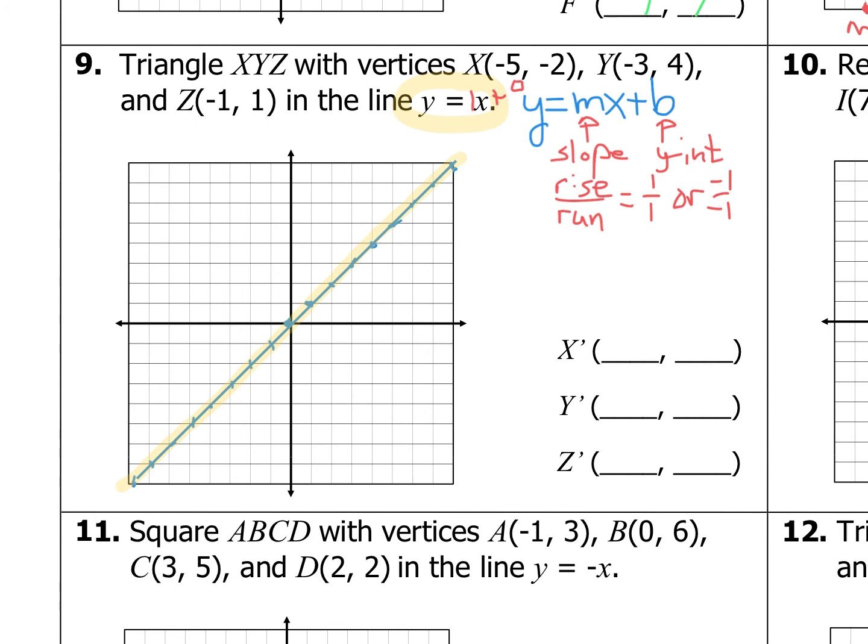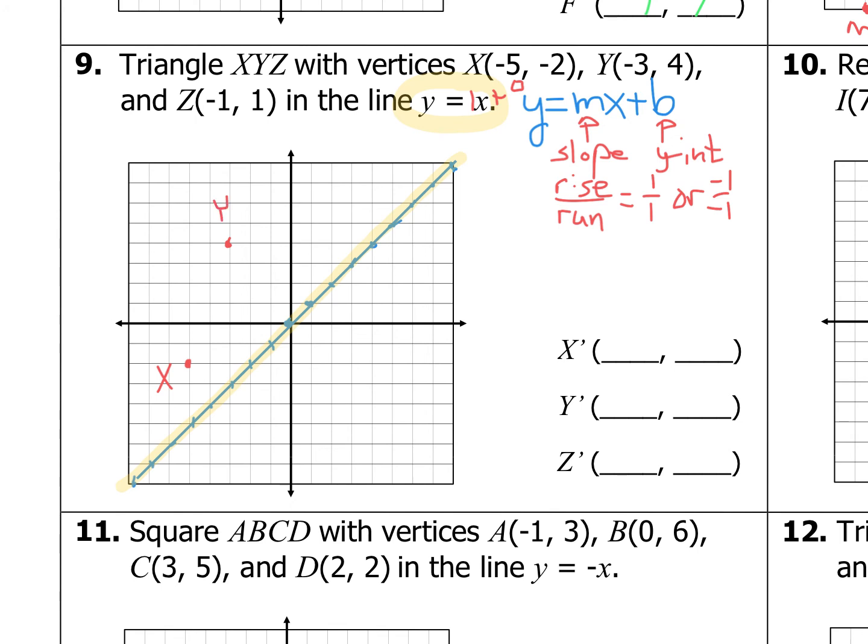So let's go ahead and plot our pre-image. So x is left 5 and then down 2. So there's my x. And then my y is left 3 and up 4.